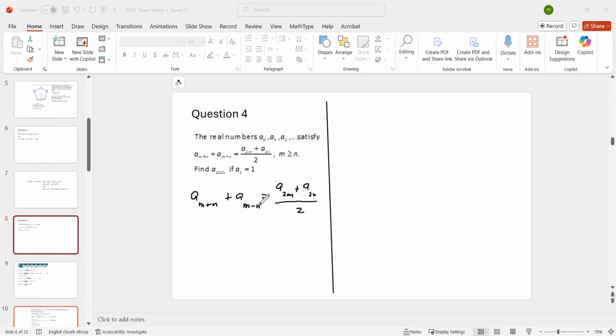You need to have that because this has to be starting from 0, you see. Right? The lowest value for the subscript is 0. So m minus n must be greater or equal to 0. Okay. Now, they ask us to calculate A 2025.